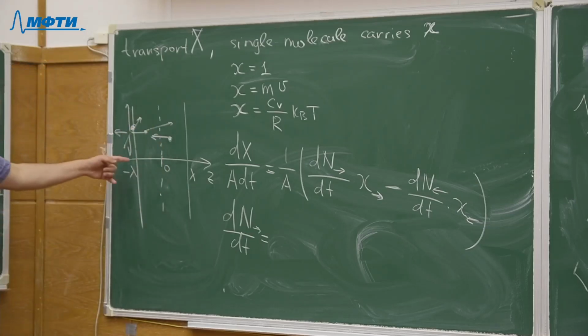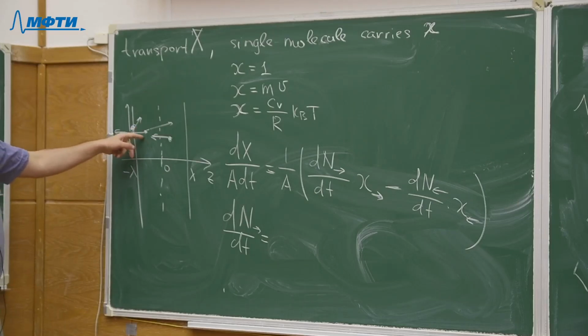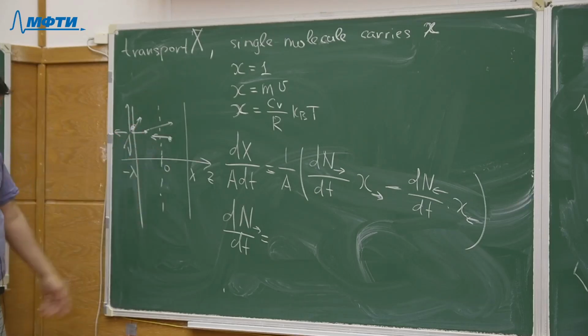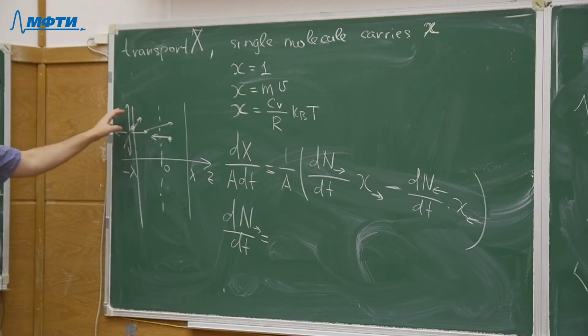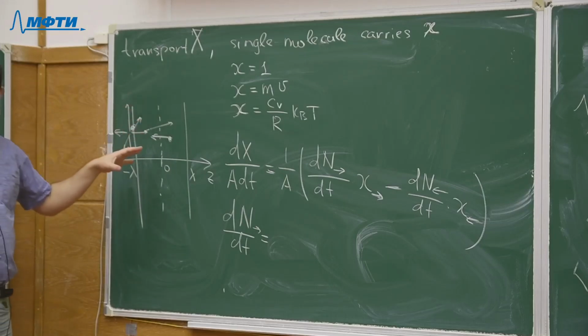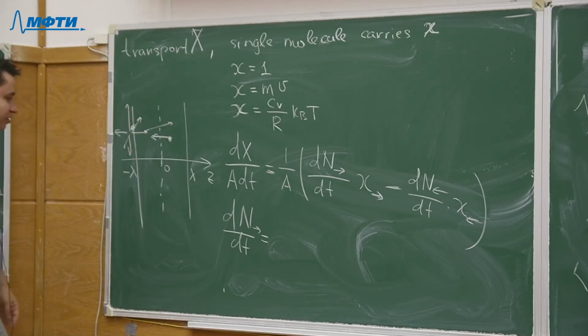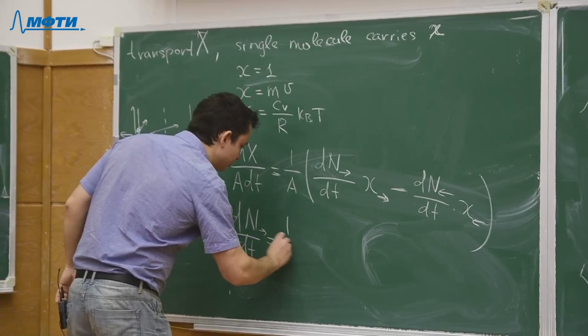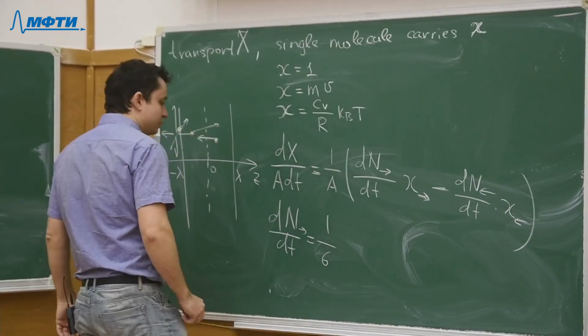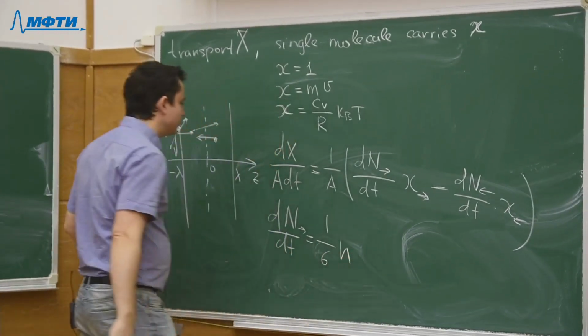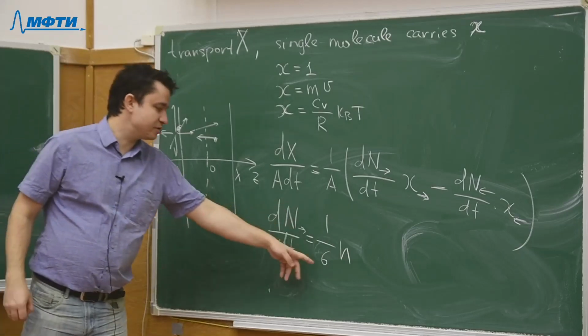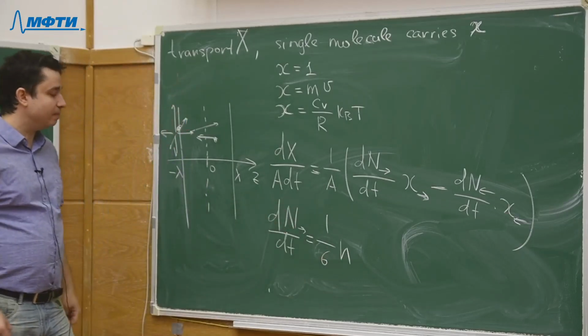And as you see here, the fraction of molecules moving to the right within this overly simplified, and actually wrong, picture is 1 over 6 of the total molecules. So the number density of the molecules moving to the right is 1 over 6 multiplied by n.